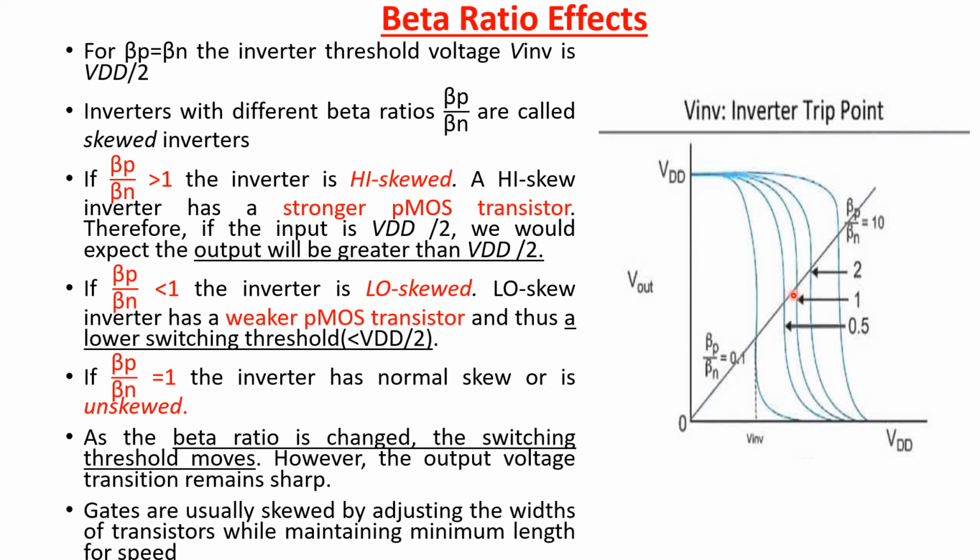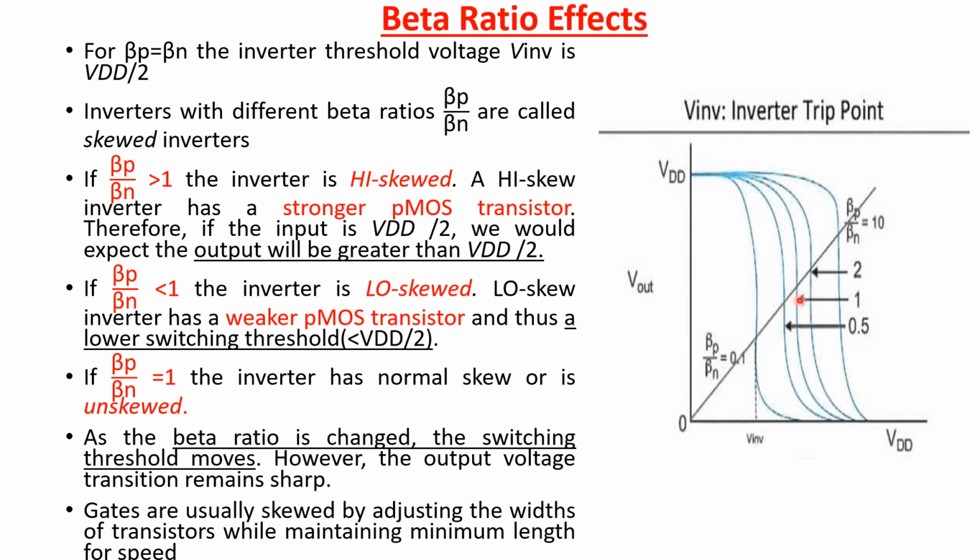If beta p by beta n is less than 1, the inverter is low skewed. A low skewed inverter has a stronger NMOS or a weaker PMOS and the switching point is less than VDD by 2. If beta p by beta n equals 1, the inverter has normal skew or is unskewed.